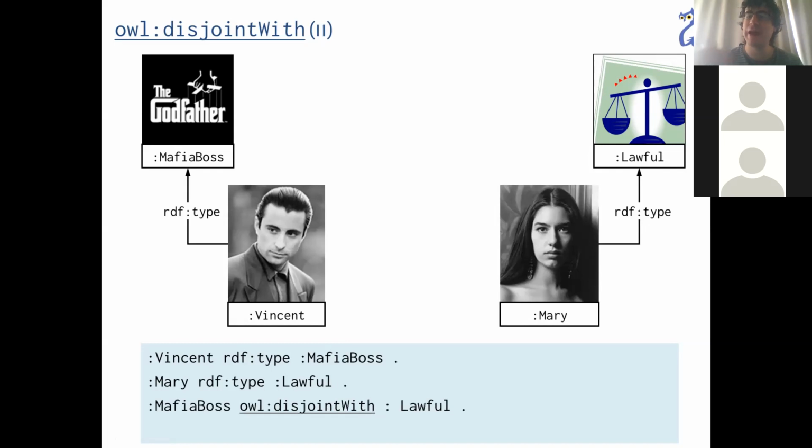So we try to give whatever explanation doesn't arrive at an inconsistency. Okay. So what does that mean? It means that the only logical conclusion is that these two people must be different. So we can say Vincent different from Mary, and we can also say Mary different from Vincent. Okay. Because if they were to be the same, which is the only other possibility, then they would create an inconsistency. And we always want to try to avoid inconsistency. So we'll come up with the only other logical explanation.